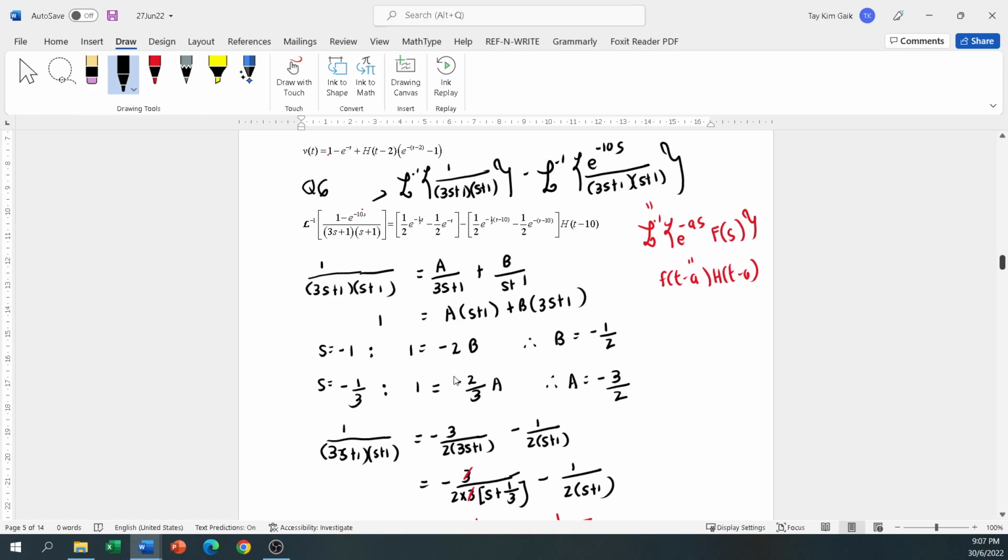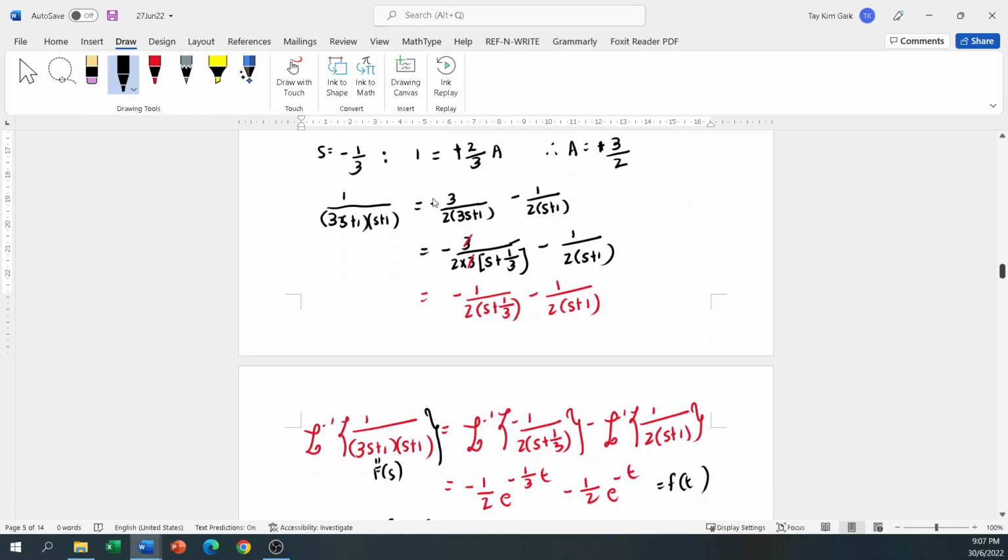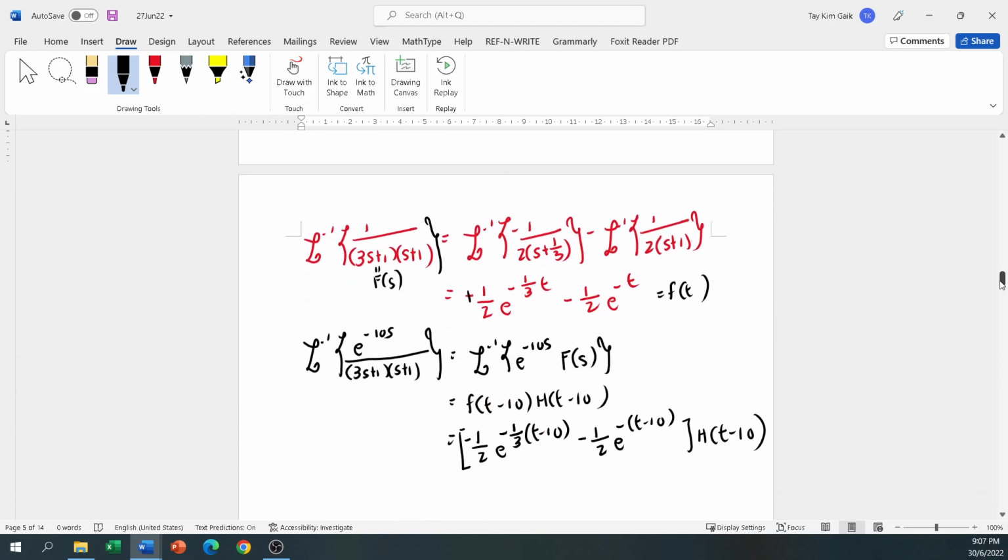When s is negative 1/3, negative 1/3 plus 1, oh sorry, this is positive, so 3 over 3 minus 1, so a is positive 3 over 2. This is positive, positive.